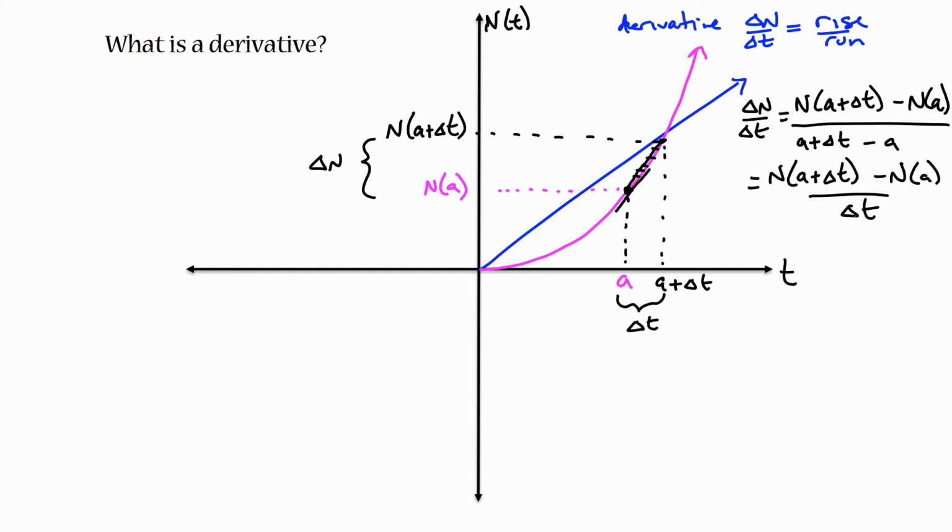That's the fundamental intuition of calculus: an infinitesimally small delta t allows us to get the exact rate of change at a point.